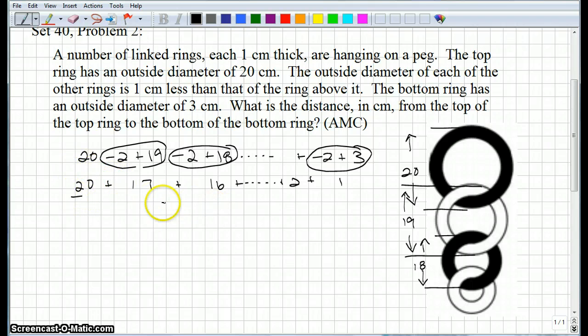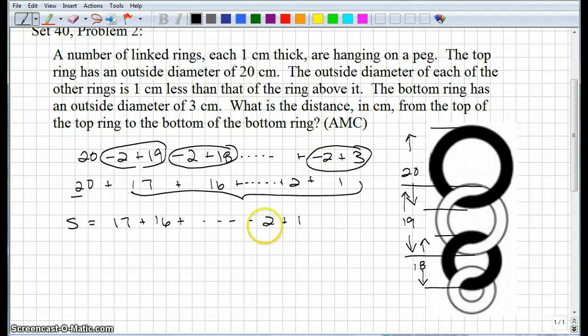It's the first string. So, I know how to add a series of numbers, and I have a lesson video on adding lists of numbers. At least this is an arithmetic series. So there's a couple different ways we could do it. We could look at it as if we take the sum of this to be 17 plus 16 plus all the way to 2 and 1.